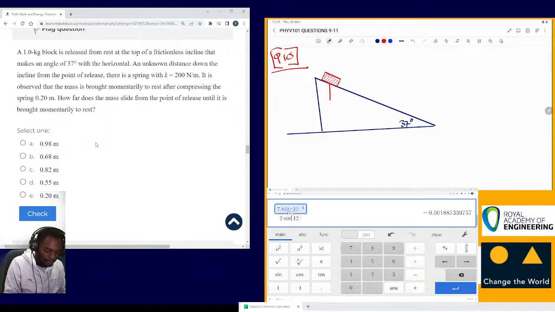This is our block. This is our mg. So normal force, frictionless, so we will not include friction. Component of the weight down the slope, mg sine 37.